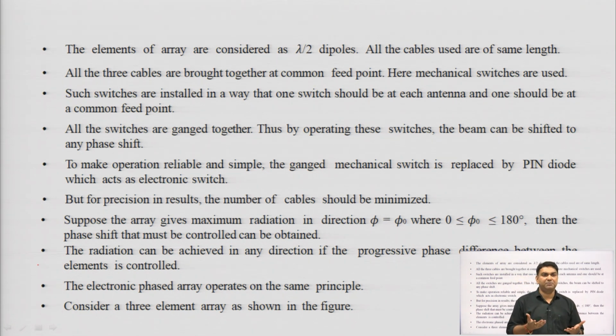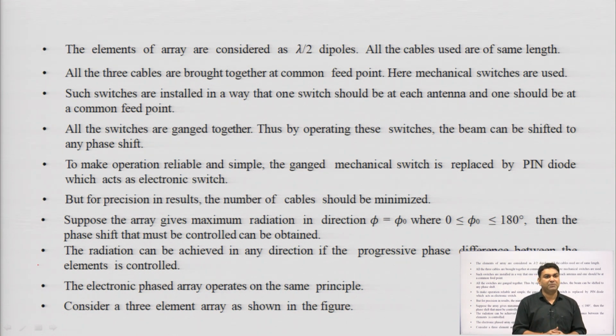To make operation reliable and simple, the ganged mechanical switch is replaced by a PIN diode, which acts as an electronic switch. For precision in results, the number of cables should be minimized. Suppose the array gives maximum radiation in the direction phi equal to phi naught, where phi naught ranges between 0 and 180 degrees; then the phase shift must be controlled and obtained in such a way that the overall radiation pattern is in our favor.